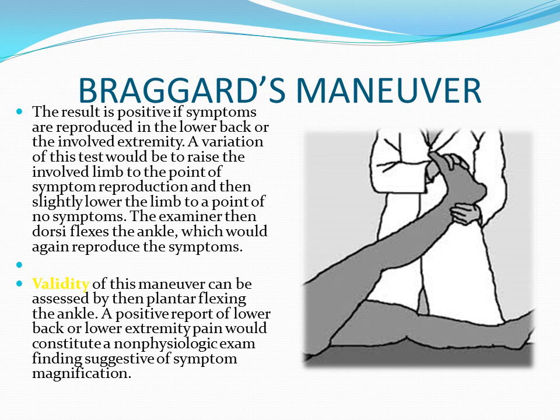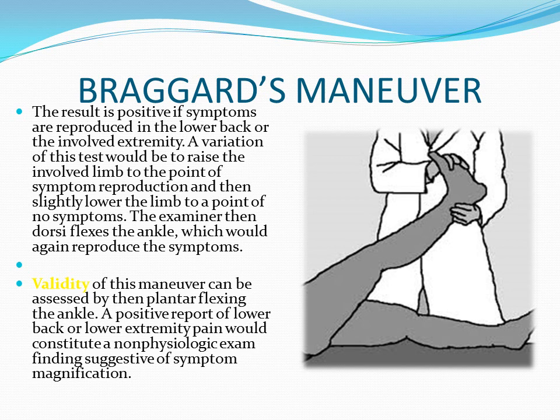And a validity maneuver that you can do as the doctor is, when your examinee reports an increase of pain with Bragard's maneuver, you simply take the ankle in the other direction toward plantar flexion to reduce the traction on the lumbar spine nerve roots, and this should relieve the symptoms.